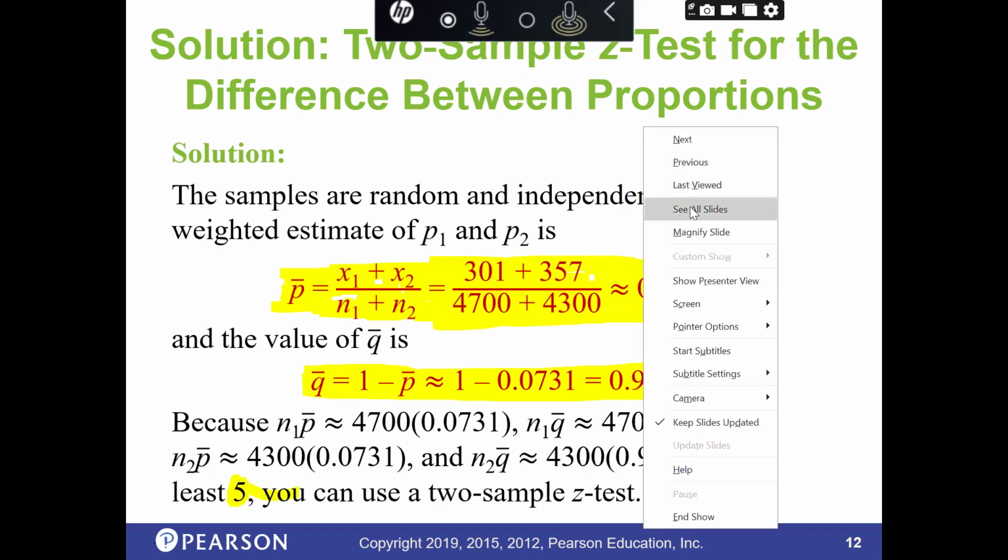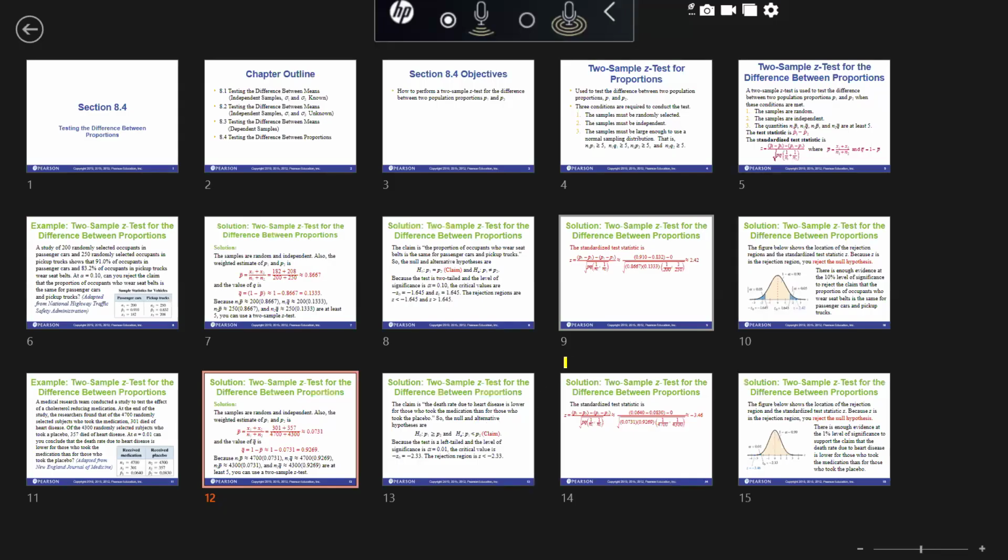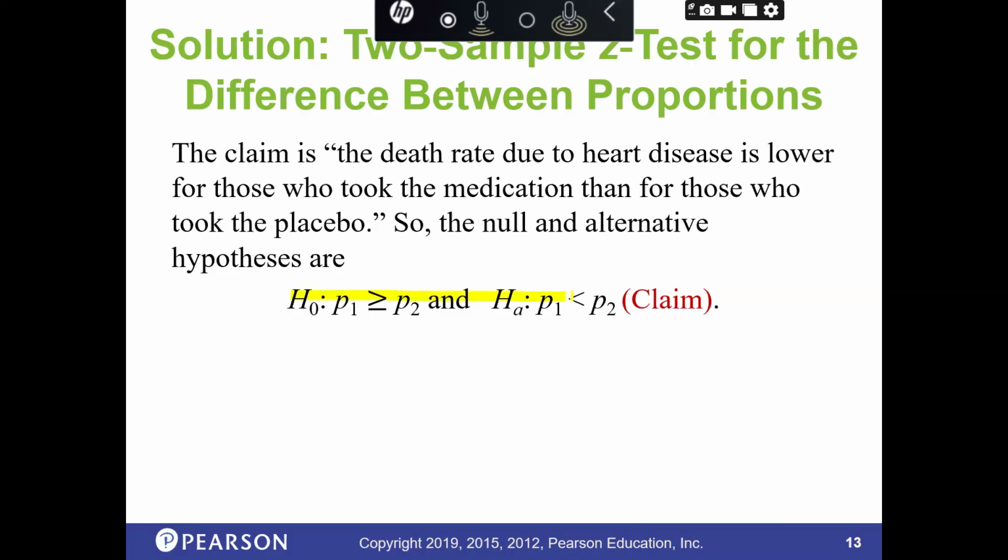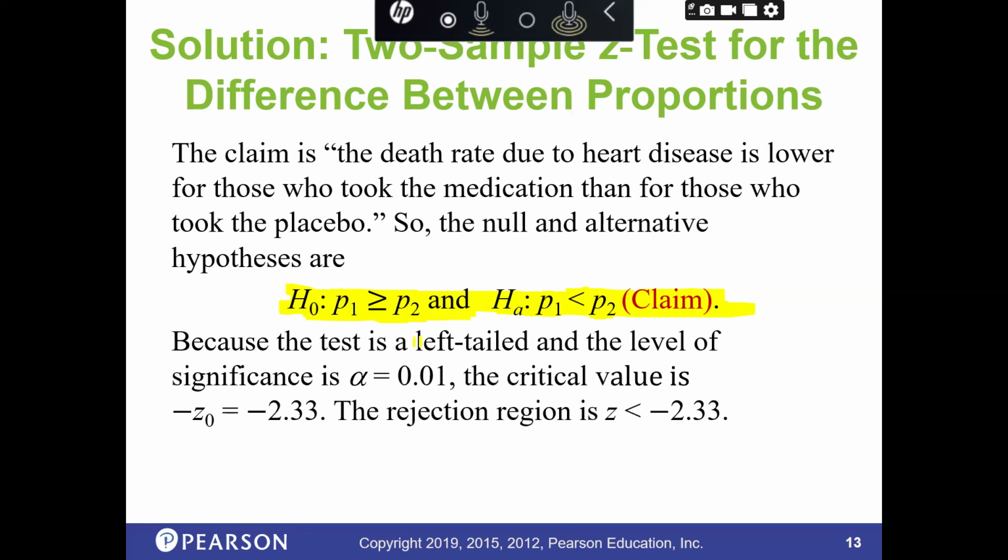So let's go with what we have here. We have the claim: this drug is going to lessen the percentage of people that die from heart disease. The exact opposite view would be that this drug actually increases it or is the same. So this has to be a left-tailed test.